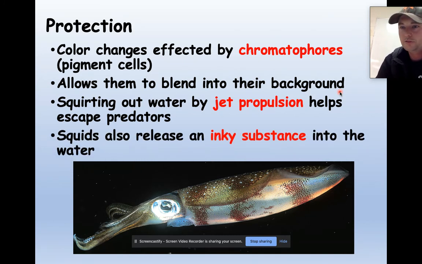Now, I recently learned that the ink is made of a specific type of amino acid, and most predators find this amino acid's aroma very appetizing, so they stick around the inky substance. They want that smell. But not only does it smell good, it's also very sticky.